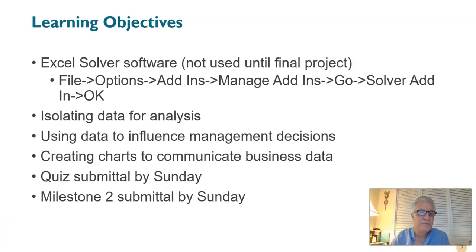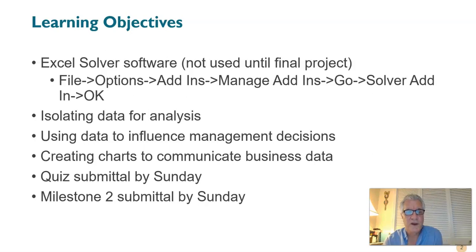So for this module, you'll be isolating data for analysis using the same data that was available to you for Milestone 1 in Module 3, except you'll be isolating and manipulating it a little bit differently in order to use the data to influence management decisions.